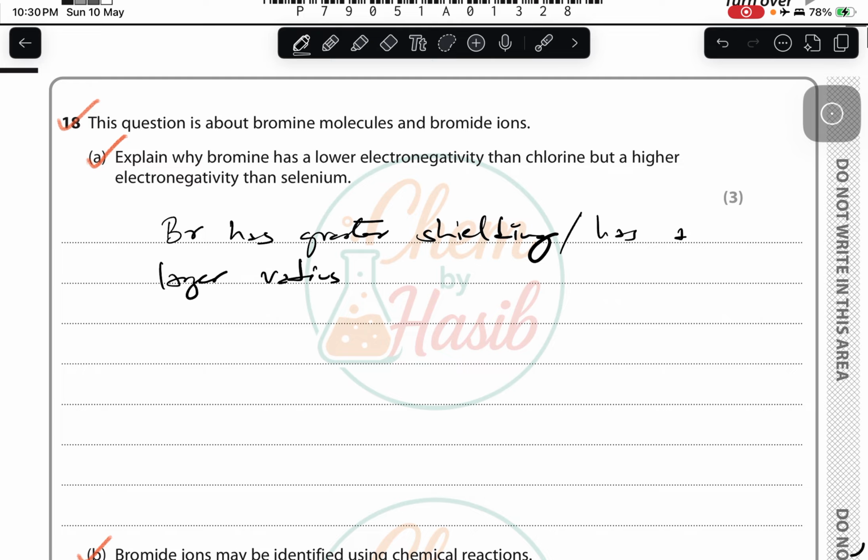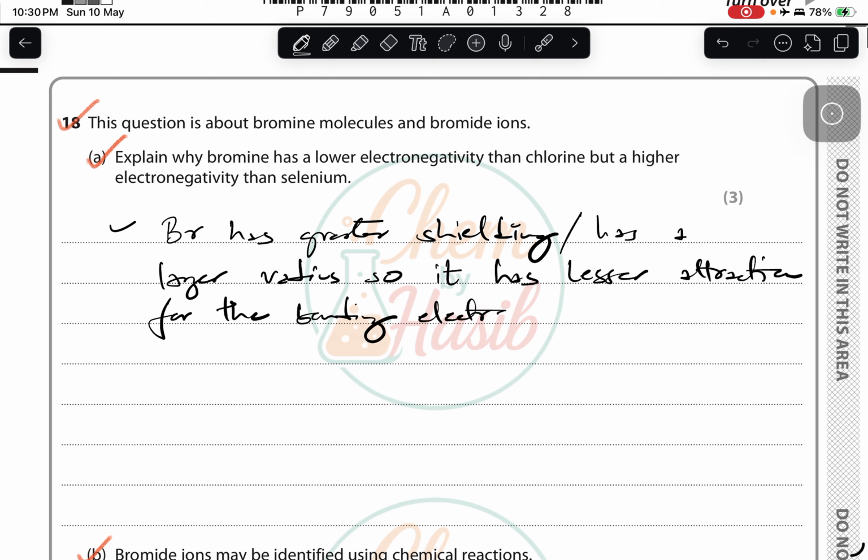So it has lesser attraction for bonding electrons.